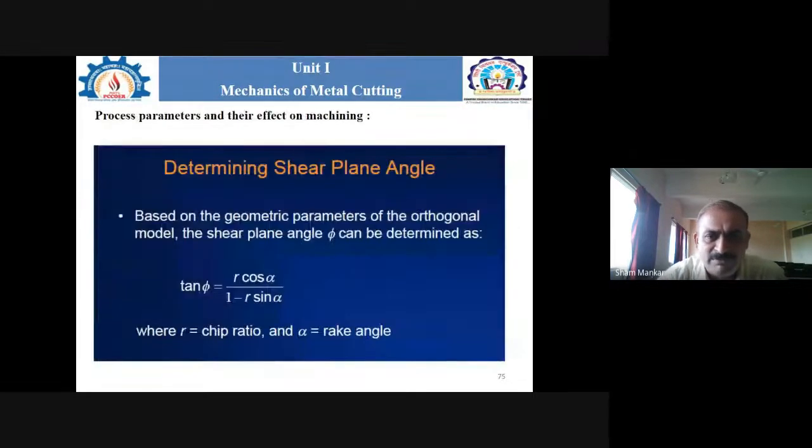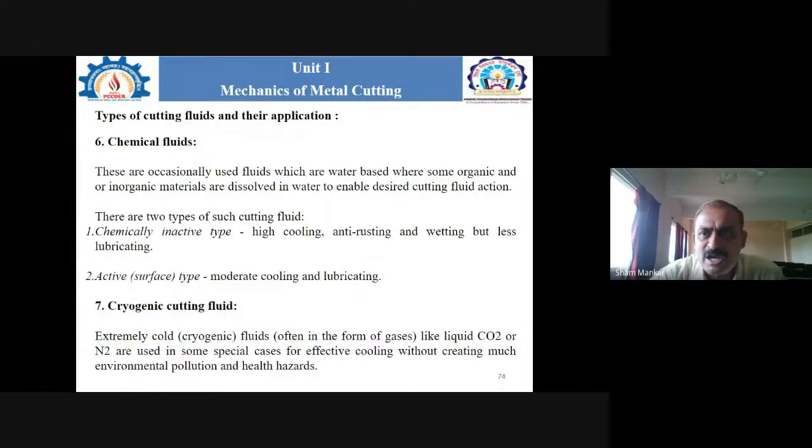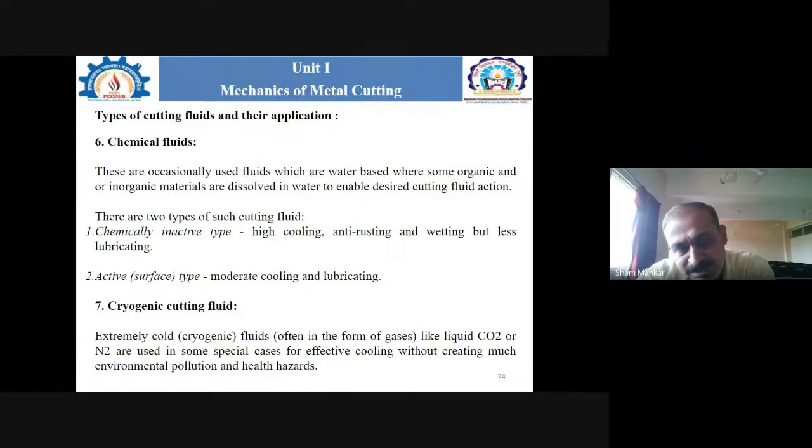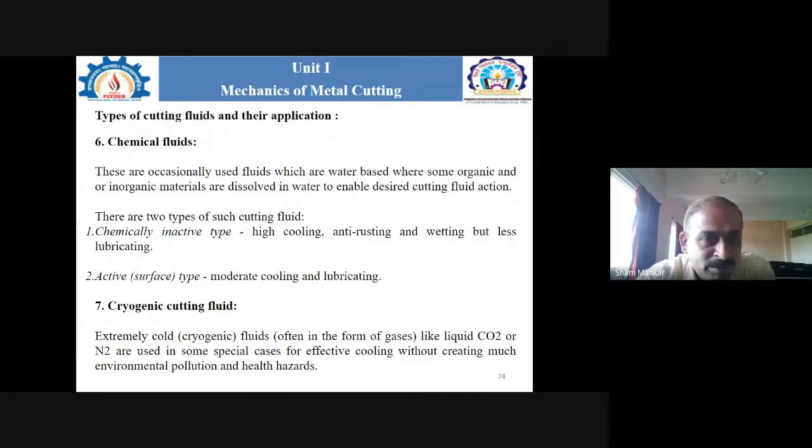Whatever the different alternatives available with us, we definitely have to check the points mentioned in the slides. But apart from that, we also have to check the cost. Among the alternatives available, we have to select the cutting fluid which will be of optimum cost.